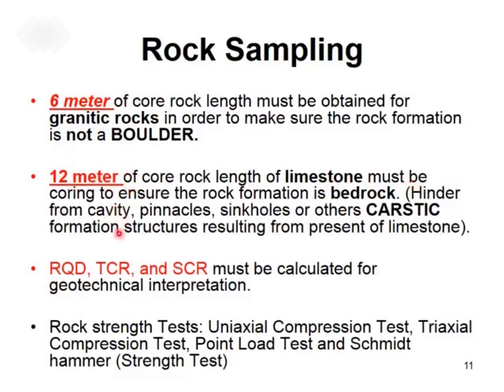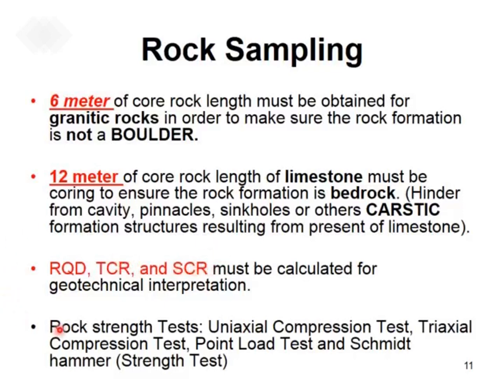And all this rock sample needs some interpretation, some calculation. For example, in terms of RQD, TCR, and SCR. RQD refers to Rock Quality Designation Index. TCR is Total Core Recovery. SCR is Solid Core Recovery.